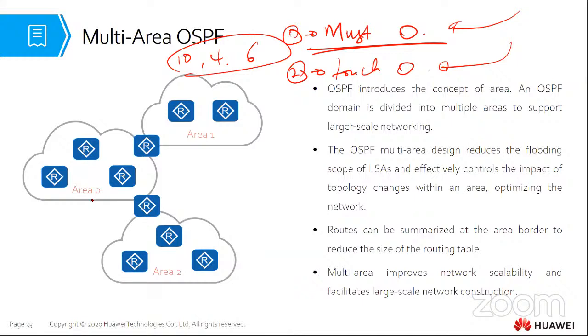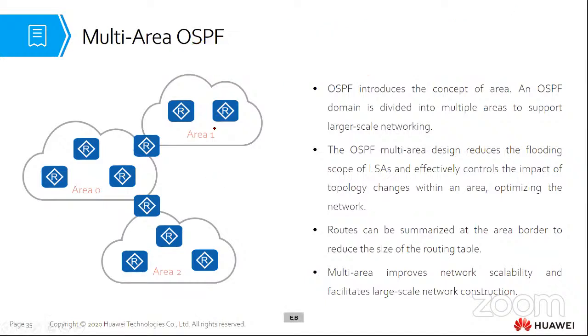We shall even illustrate why, if you don't touch area 0, your network is messed up. But for now, just know, if you have area 1, 0, and 2, 1 and 2 must touch 0.